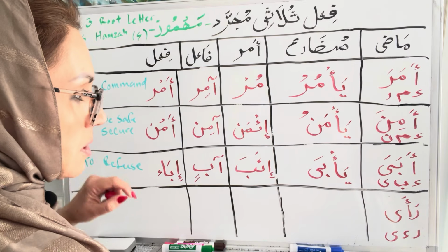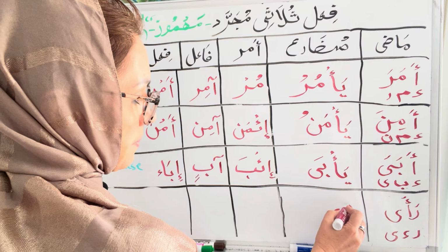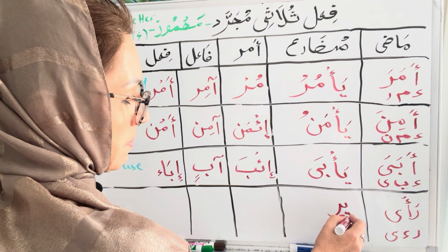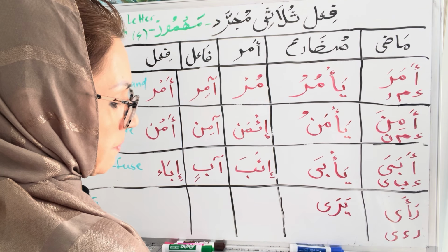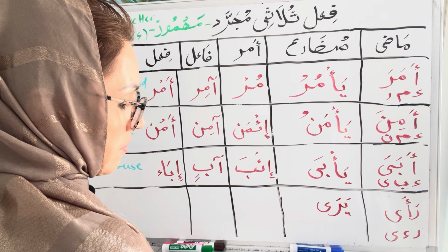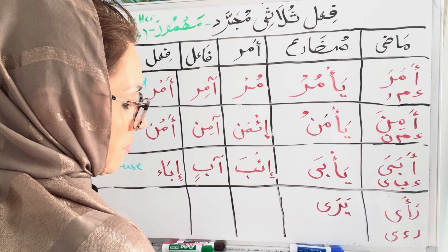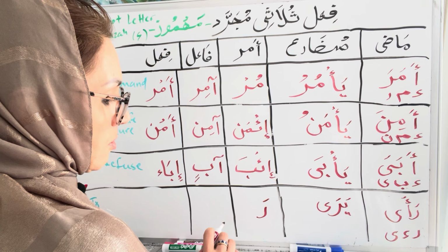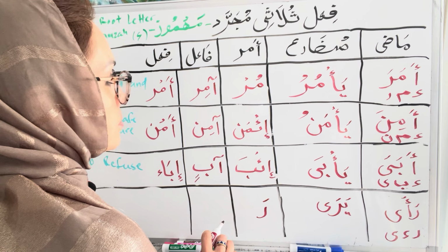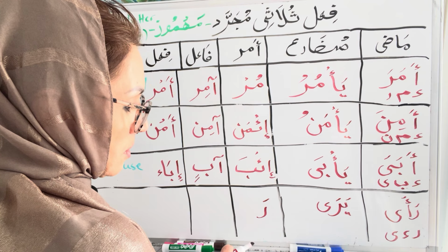The hamza is in the middle now. Ra'a, yara. Ra. Ra'in.